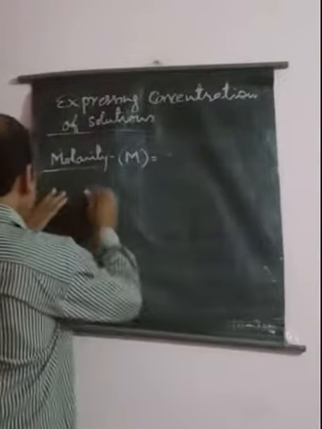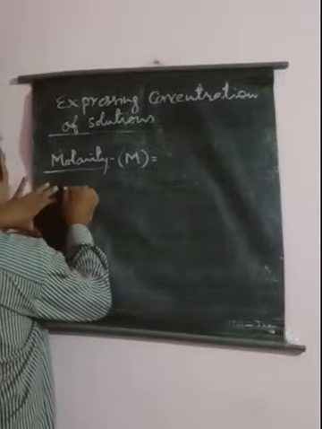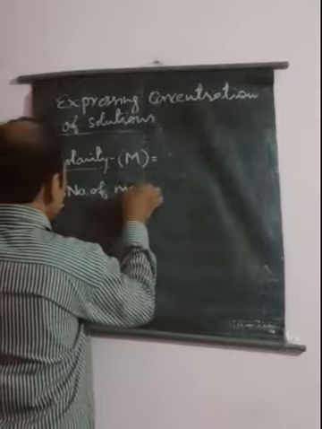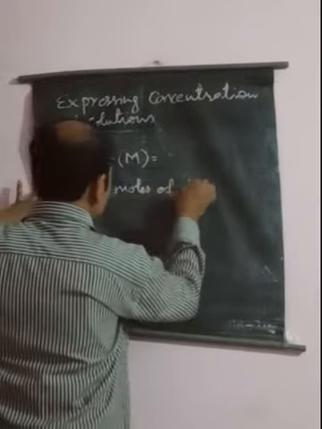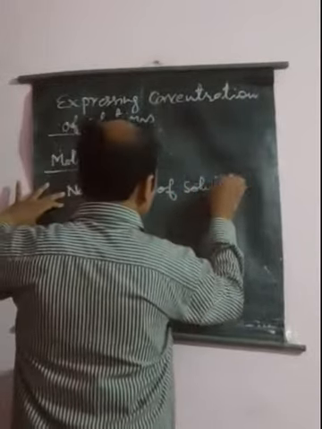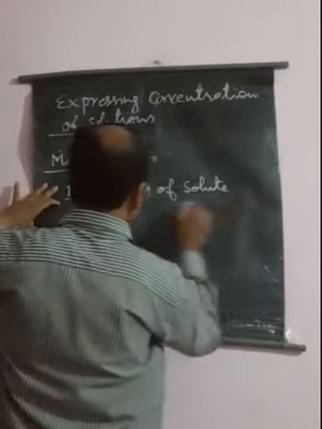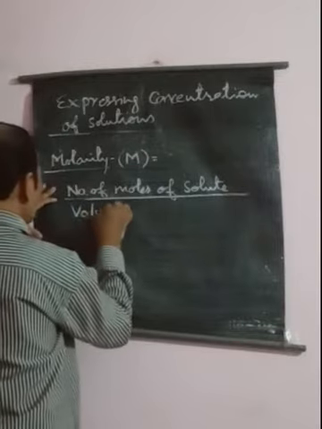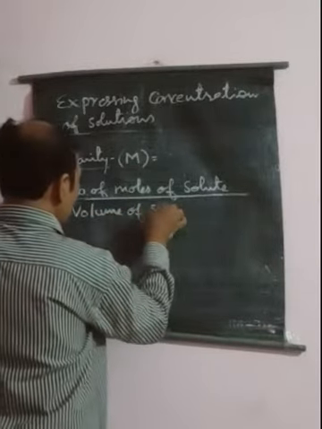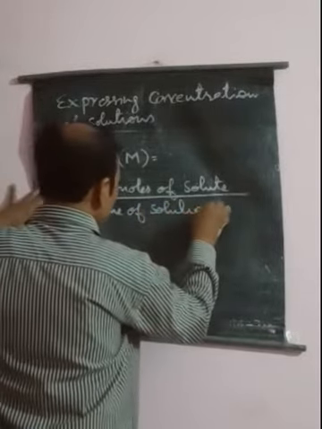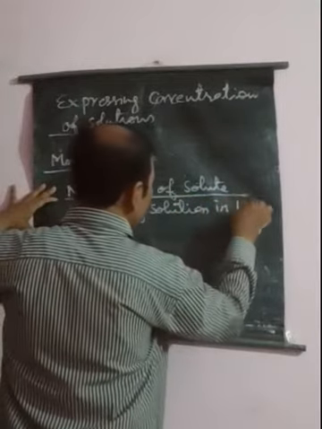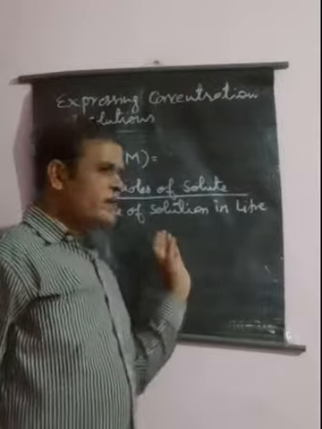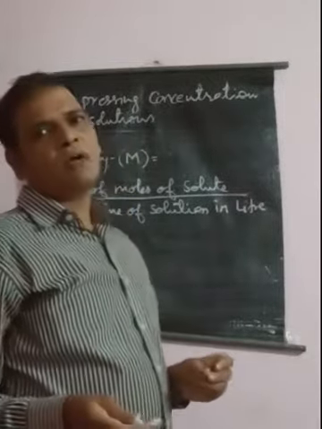So the formula of molarity will be: molarity is equal to number of moles of solute divided by volume of solution in liter. For example, suppose we are given a 1 molar solution of KCl.